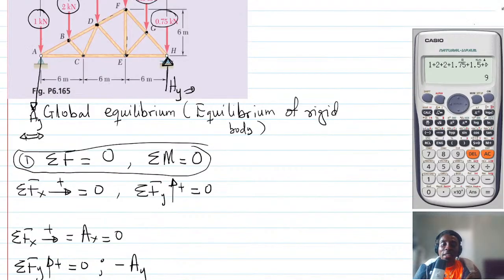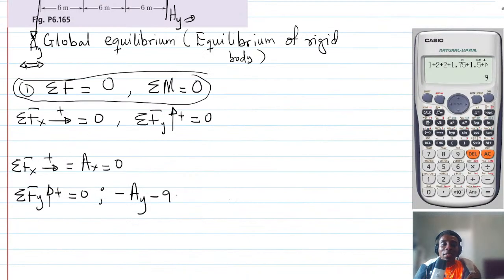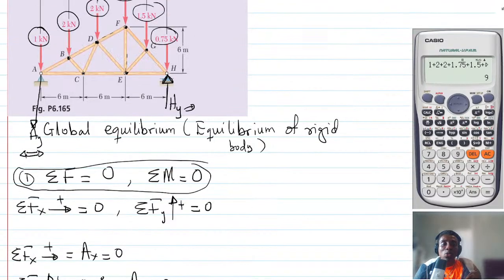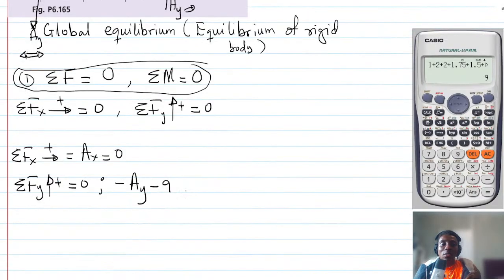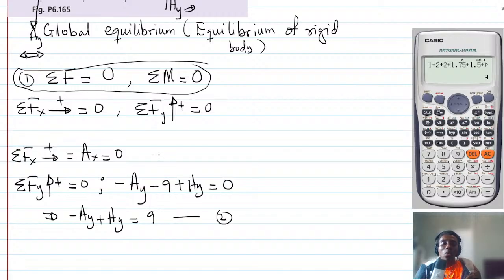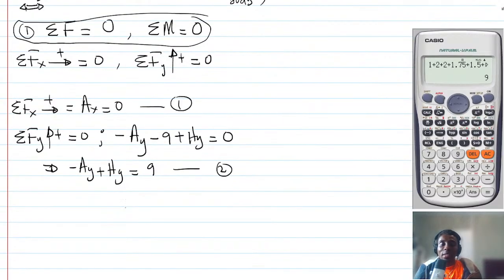Meaning everything here is just minus 9. Then HY is going up, so plus HY should be 0. So we can say that minus AY plus HY should be 9. Let's call this equation 2. But we have two unknowns in one equation, and whenever we have two unknowns in one equation, it means this equation cannot be solved.